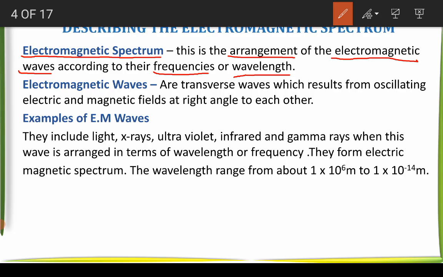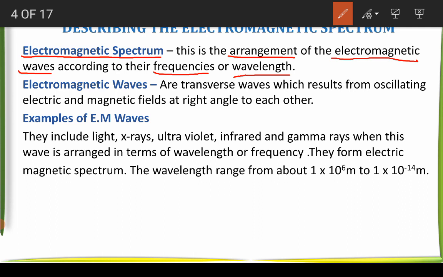So the electromagnetic spectrum is simply that group of electromagnetic waves arranged according to their increasing or decreasing frequencies, or increasing or decreasing wavelengths. Either of these two criteria can be used to come up with the electromagnetic spectrum.